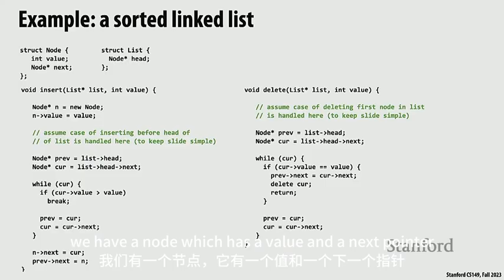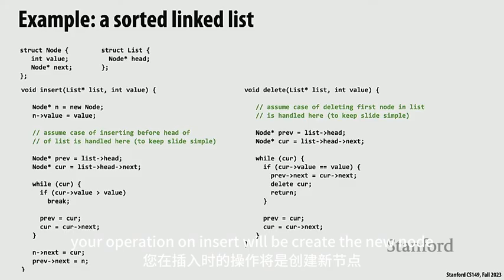We have a node which has a value and a next pointer, and this is insertion and deletion into a sorted linked list. So your operation on insert would be to create the new node and then walk forward into the list until you find the first node that is bigger than me, and I need to insert myself right before. The current list item is current, and if the current value is greater than the value that I'm trying to insert, then we quit.